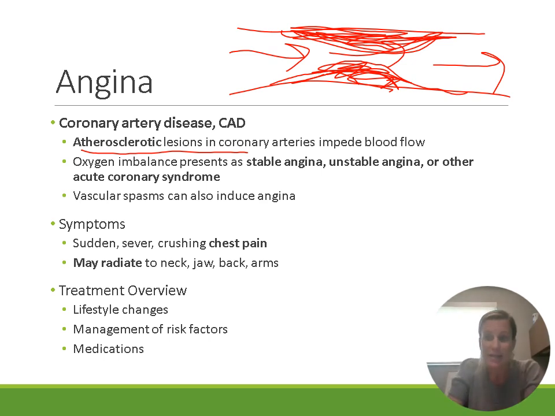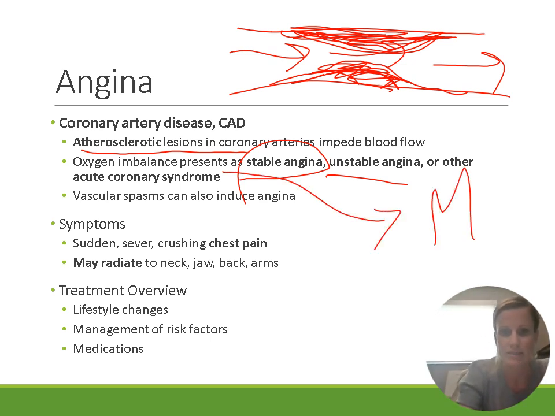So this presents in a few different formats. This can present as stable angina, which is most common, or it can present as an acute coronary syndrome. So an acute coronary syndrome could be unstable angina, or the other acute coronary syndrome that we'll typically see is a myocardial infarction, an MI.